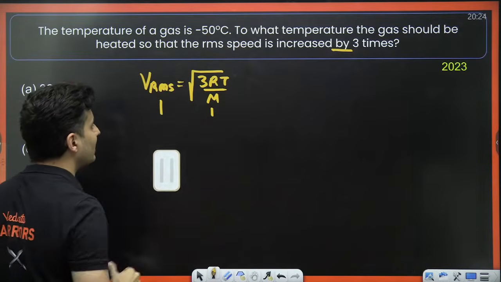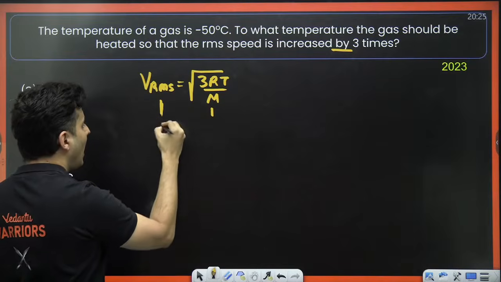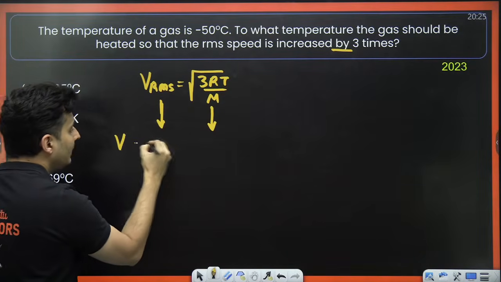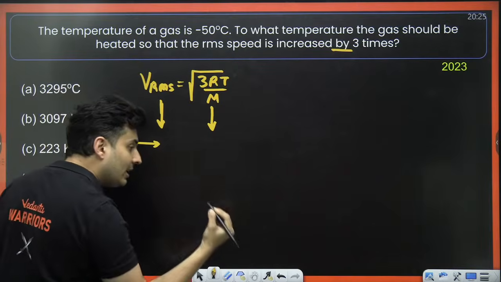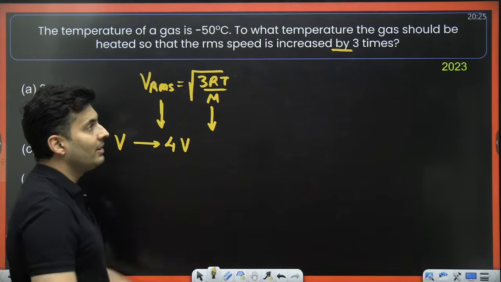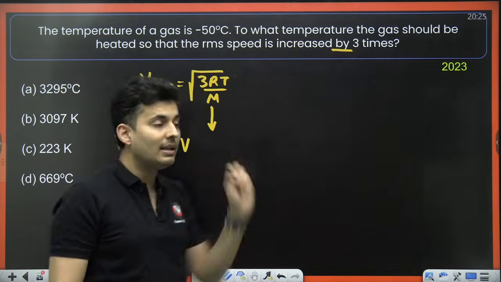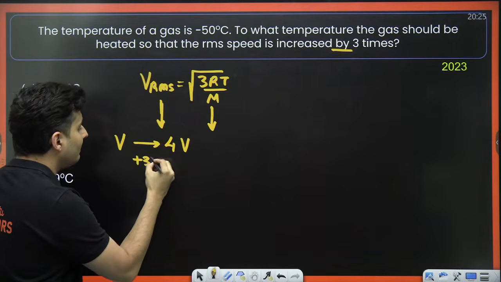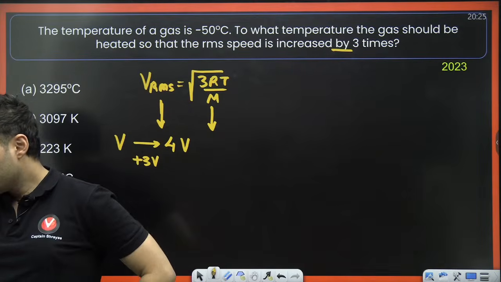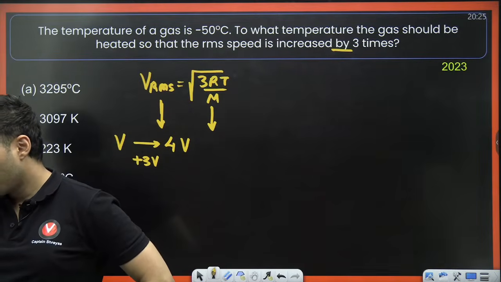What it actually signifies is that you have made V into 4V; you have added 3V to it. You have increased it by 3V. That is the catch in this problem.